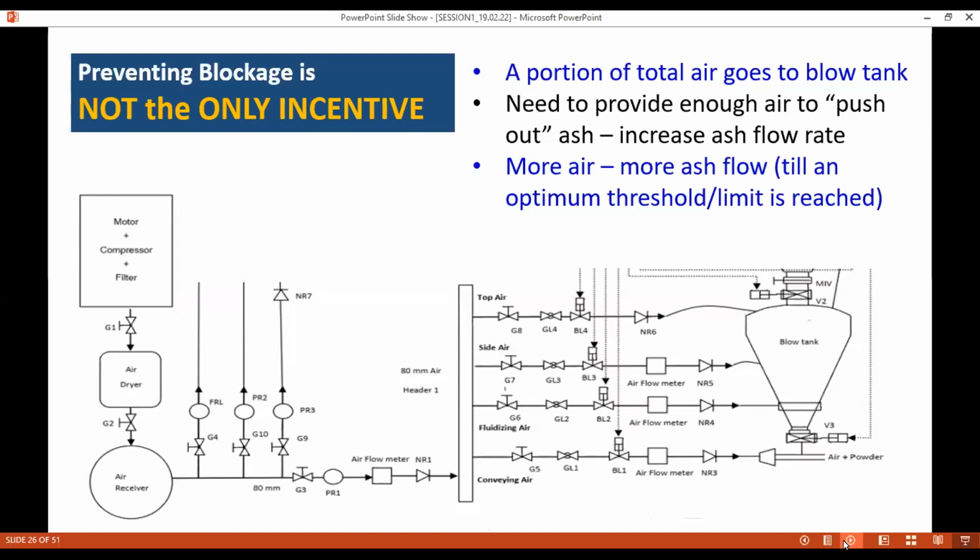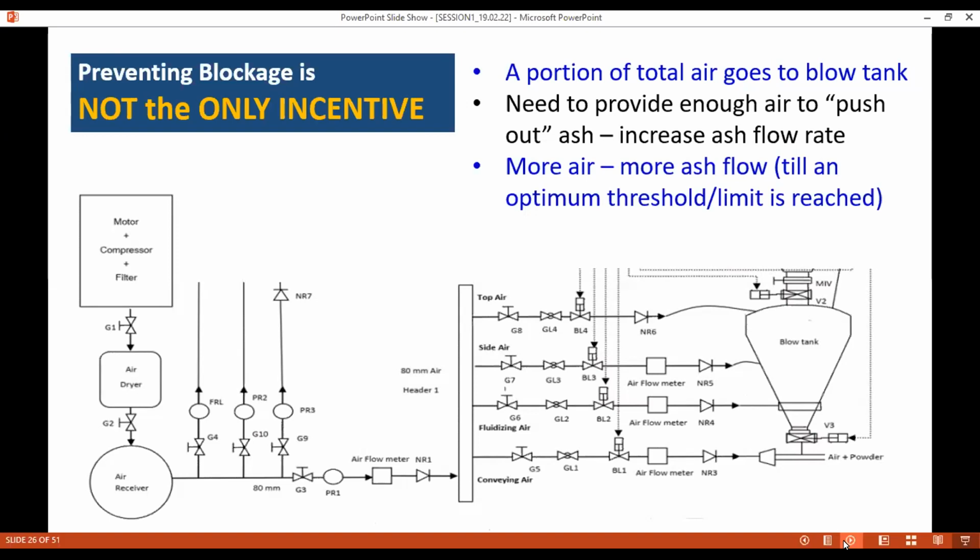But then what are you going to convey if you don't have material in the line to convey? If from the blow tank or from the ESP hopper ash does not come in the line, then what are you going to convey? That is a very, very important point. Now you have to understand one thing, that a portion of the total transport air is going to the blow tank. You definitely take a tapping and send it to the equalization line.